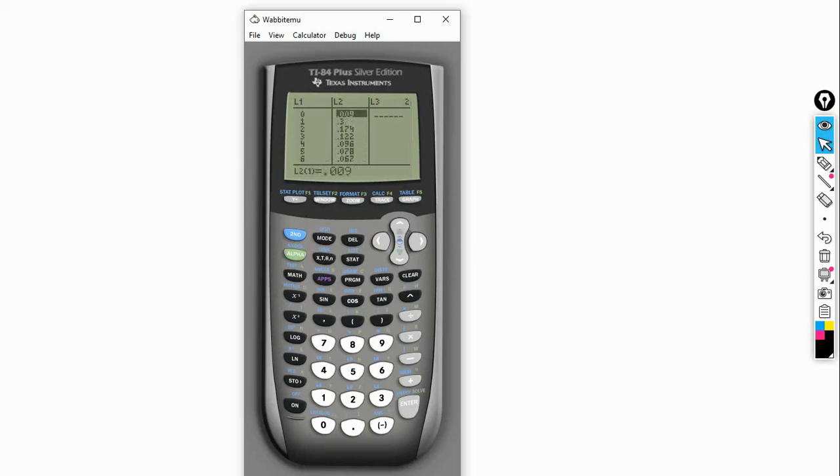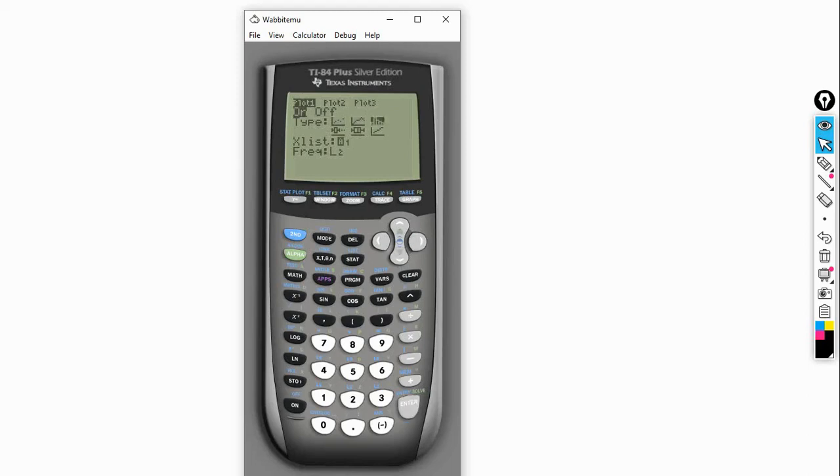So for this, we need to go to StatPlot. But before you do that, make sure you don't have anything in y equals, otherwise you will get an error. So we go second, StatPlot, make sure that number 1 is on, and then we want to choose a histogram, which is right here. That's the histogram.